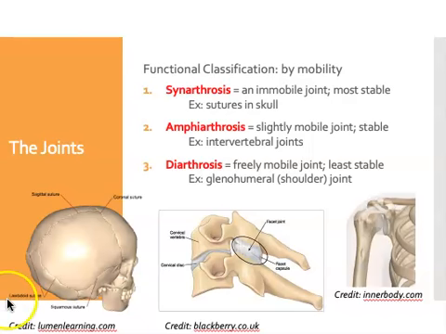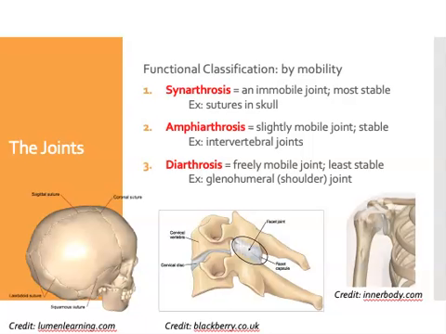If you look down on the lower left-hand side of this slide, you can see a human skull, and just make out the suture lines. These are considered synarthroses because these are joints that are immobile. They're very, very stable, but they are joints. They're places where bones come together. They articulate.